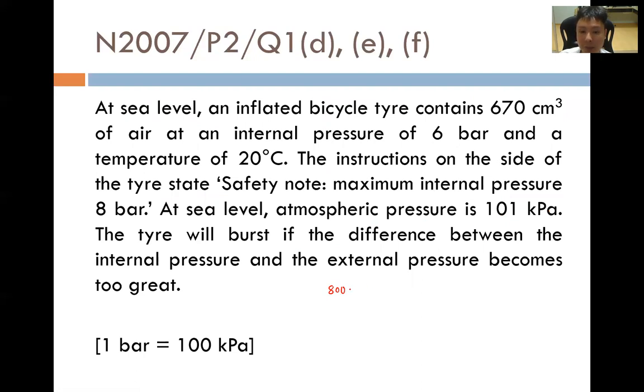So the difference between the maximum internal pressure and the atmospheric pressure is 800 minus 101 kilopascal. This is the maximum allowed difference between the internal pressure and the exterior pressure. If you calculate this, 800 minus 101 is 699. So the maximum allowed difference is 699 kilopascal.